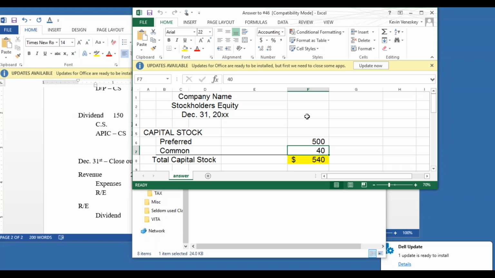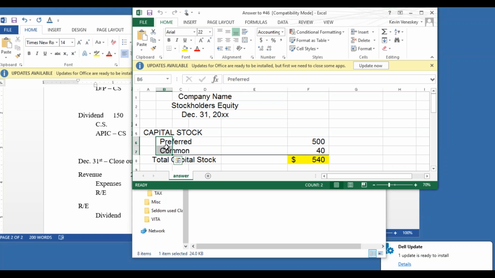The very first 2 transactions were both common, and then our last transaction, when we gave out a stock dividend. So we had a $20 very first entry, a 10 in the second entry, and then another 10 with that stock dividend. That's where I got the 40 bucks.